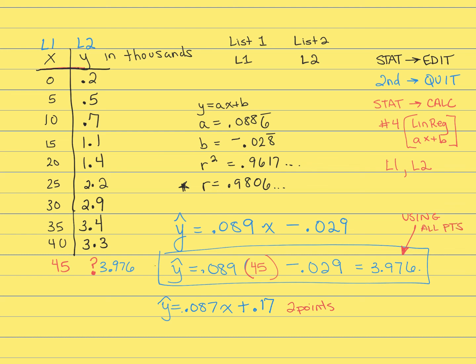So this is really the least squares regression line. This one here is really just an approximation of the least squares regression line. We only used two ordered pairs. But if we don't have a calculator, then we could do that. That concludes this video on linear regression and scatter plots.